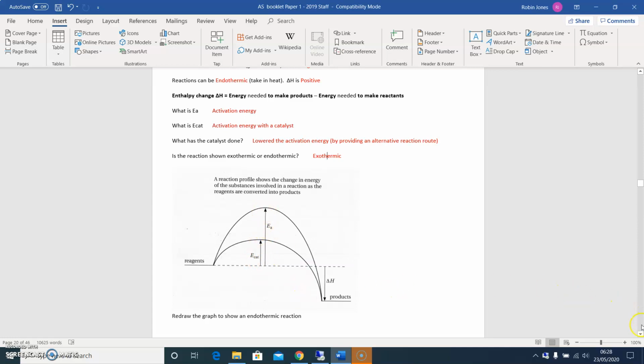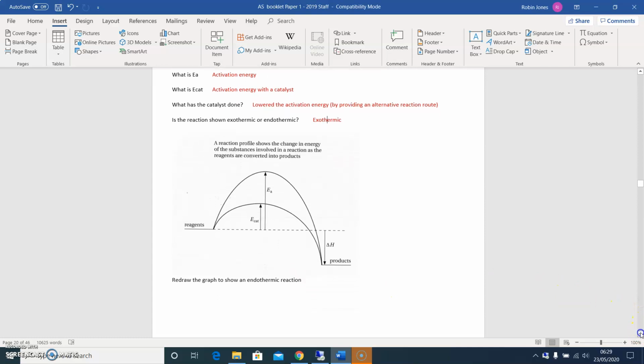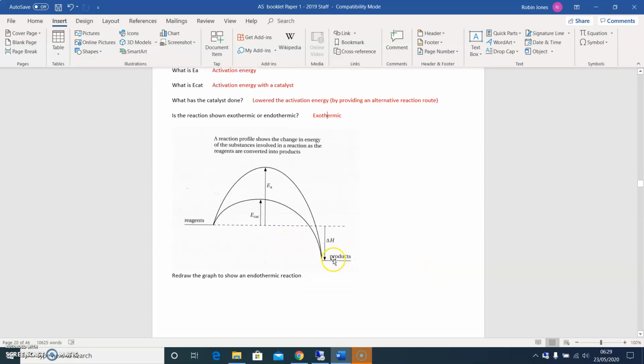And then redrawing the graph for an endothermic reaction, the only difference is that the products have more energy than the reactants. So the reactants are at a lower level, and this product line here is higher. And then the two curves come across and down. These two curves come down and hit that there, and the activation energy for a catalyst comes down and hits that there.